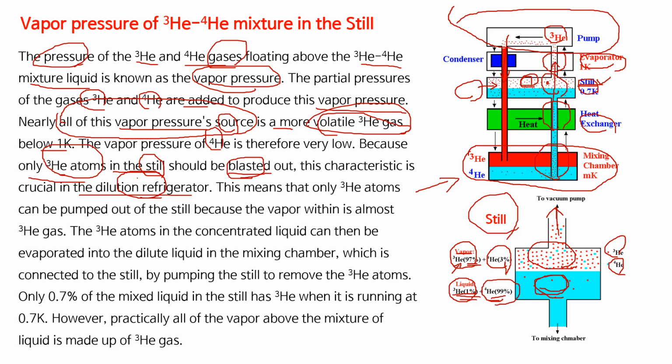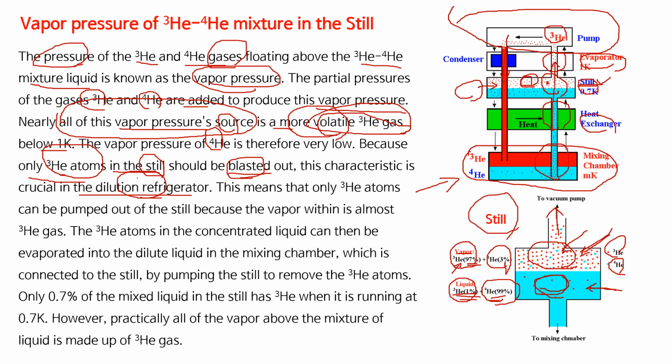So even though the liquid helium-3 is very small, in the gas state, most of the gas is composed of helium-3 because helium-3 is more volatile. So in the gas, most of it is helium-3 atoms. So we can extract only helium-3 atoms from the still by pumping.